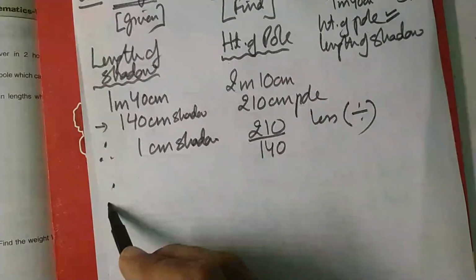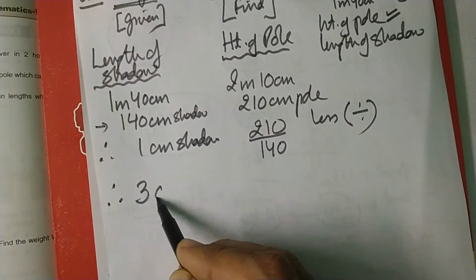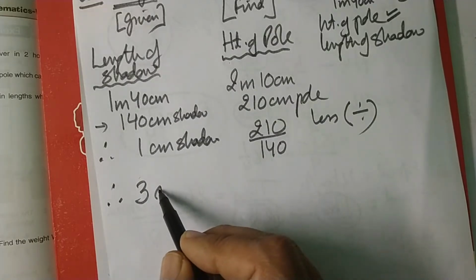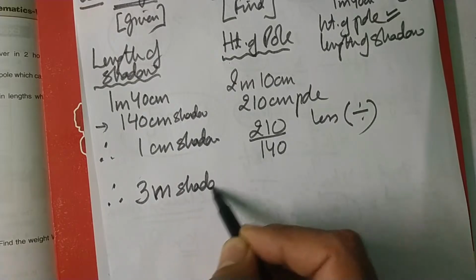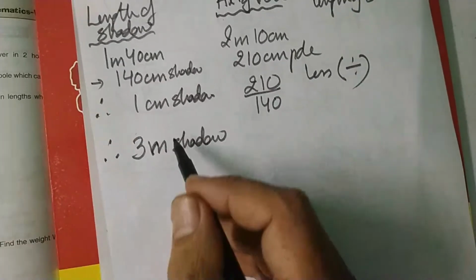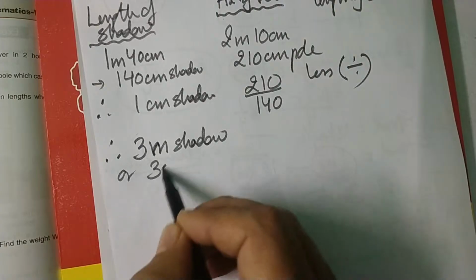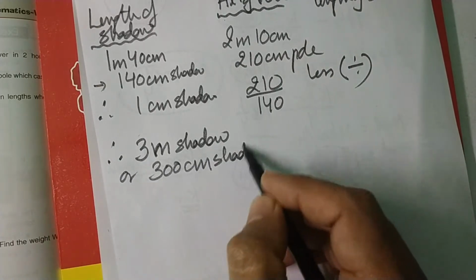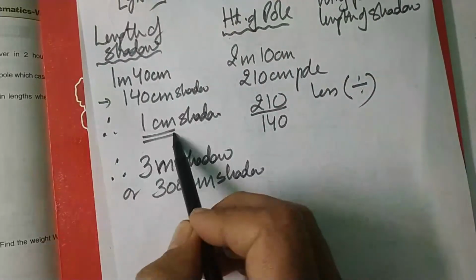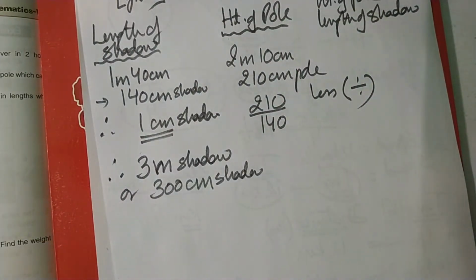If the shadow is 3 meter, 3 meter shadow means 300 centimeter. Now why 300? Because I want to solve everything in centimeter.